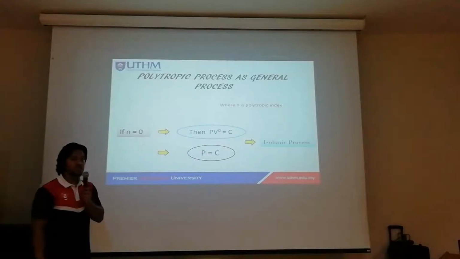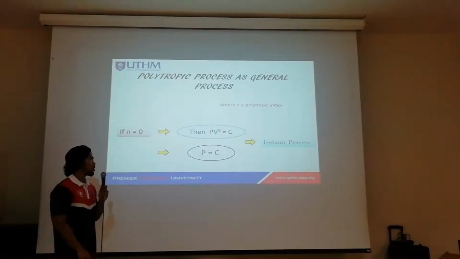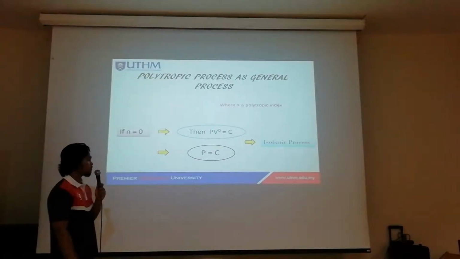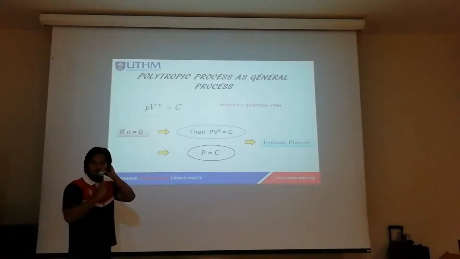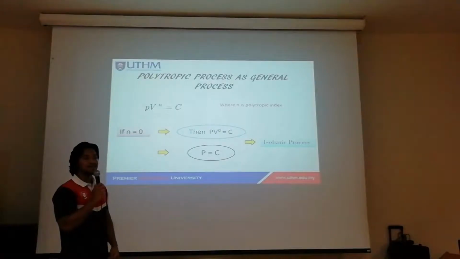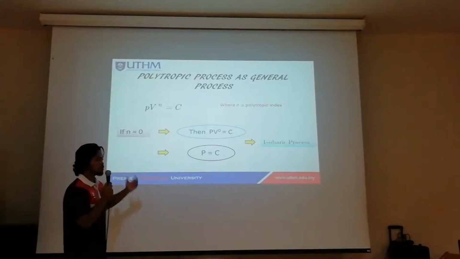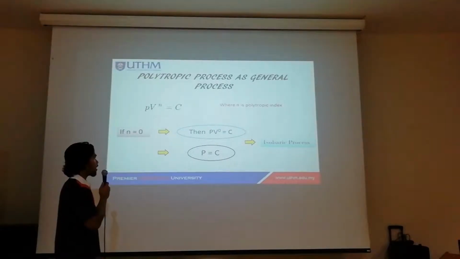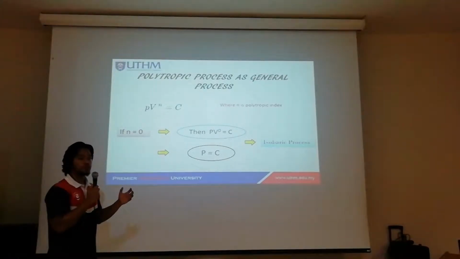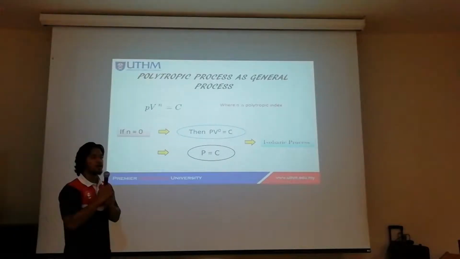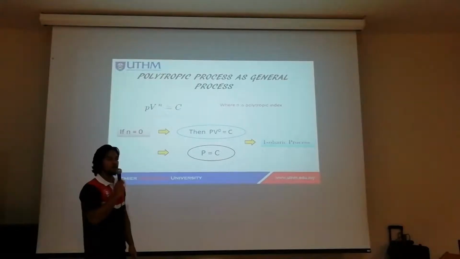Okay, polytropic process as a general substance. In order to understand this, you must remember the equation PV^n equals C. To understand the polytropic process for general substance, we will assign certain numbers to the polytropic index.